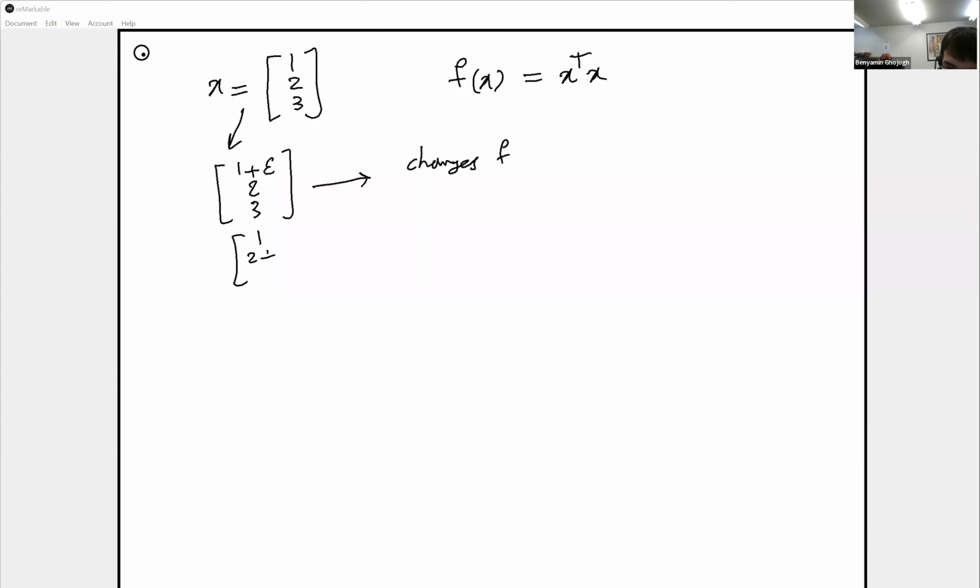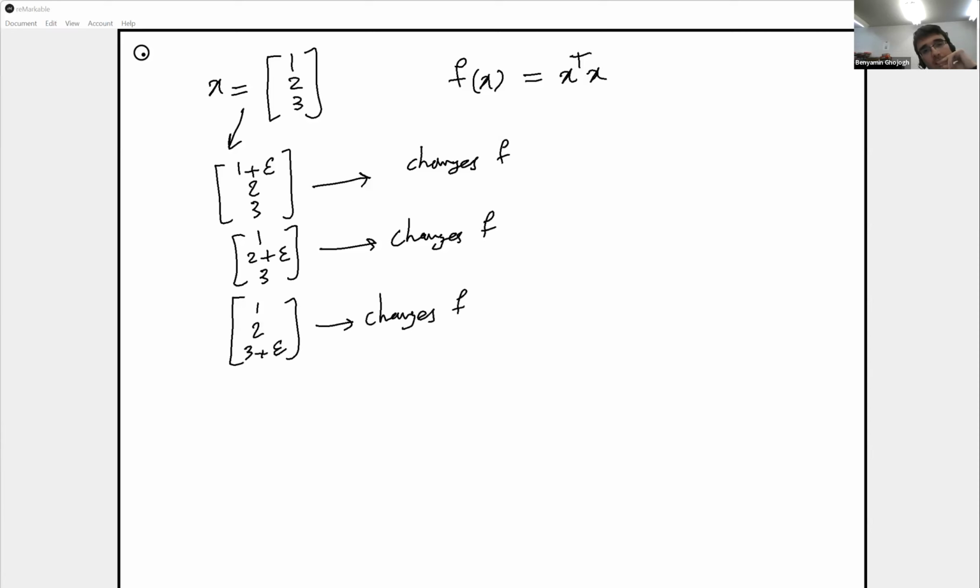Now go to the second element, change it a bit, and don't change the other elements. This also changes f a bit. Do it for the third element. For every element, you change it. This changes f too. Is that correct? Now you tell me.